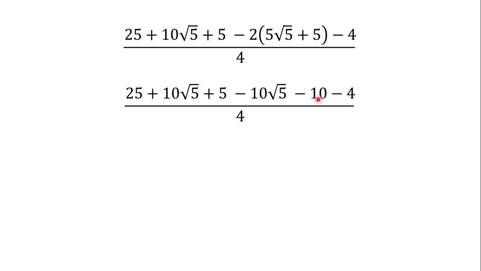And all of them are just whole numbers in the numerator's position. So after that, we can easily add them. 25 plus 5 will give us 30. Minus 10 minus 4 will give us minus 14. So we're going to get 30 minus 14 all over 4.